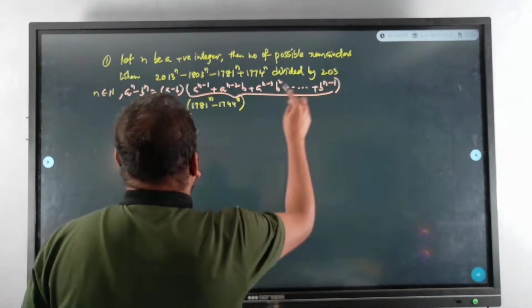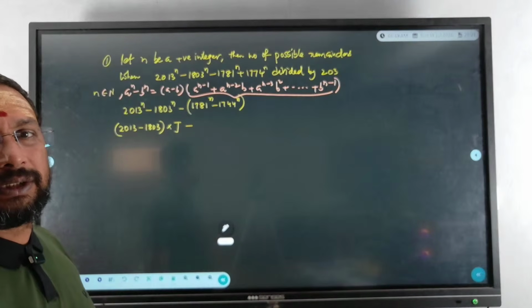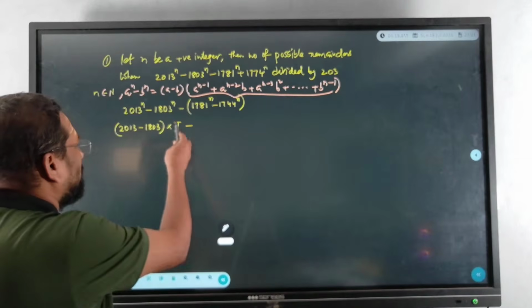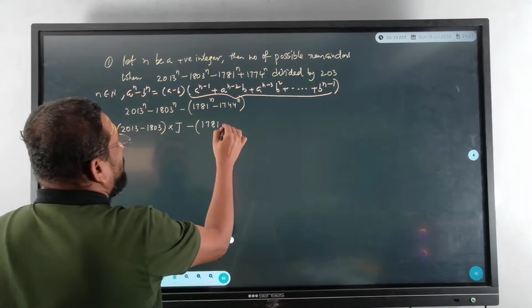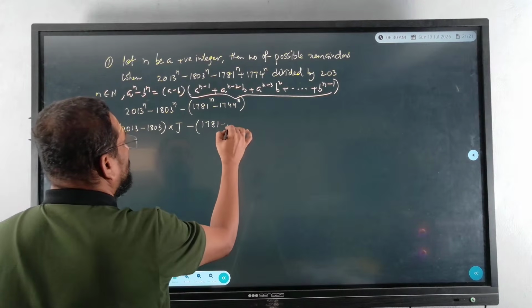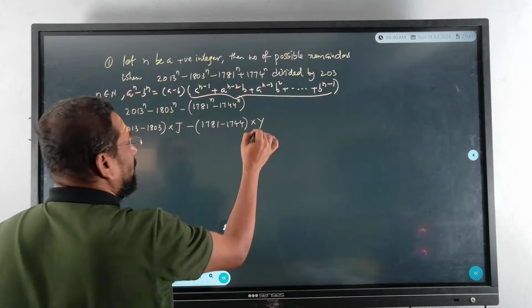This is all, no need to write here: 2013 power n minus 1 plus 2013 power n minus 2 times 1803 and so on like this. Now come to here: 1781 minus 1774 into something.